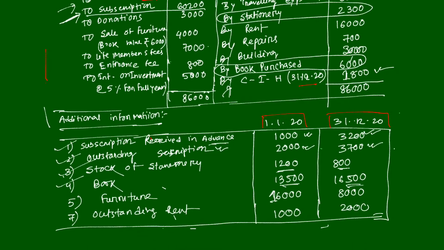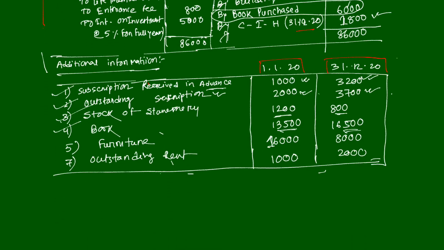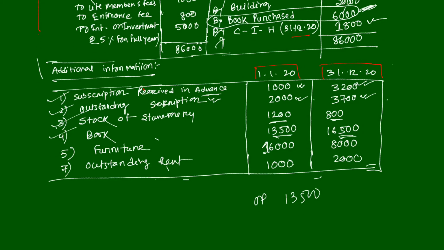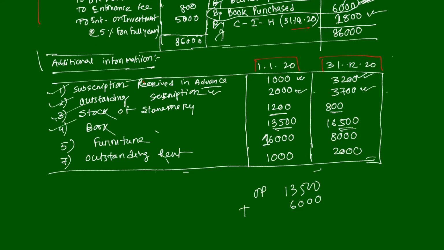If you see carefully, here it is written book 13,500. This is your opening. Your purchase, that 6,000, so plus 6,000, and your closing stock is 16,500.